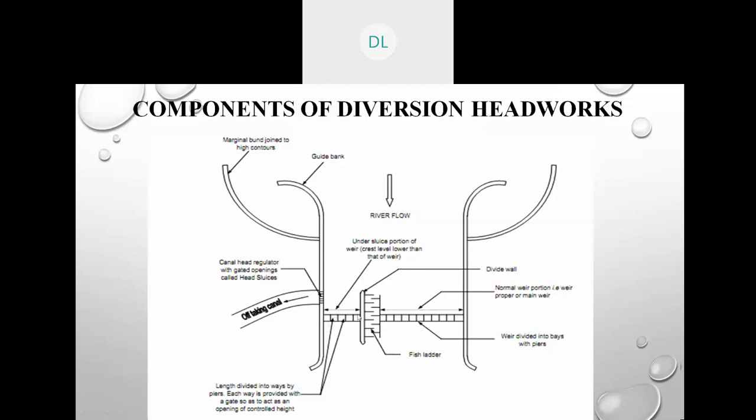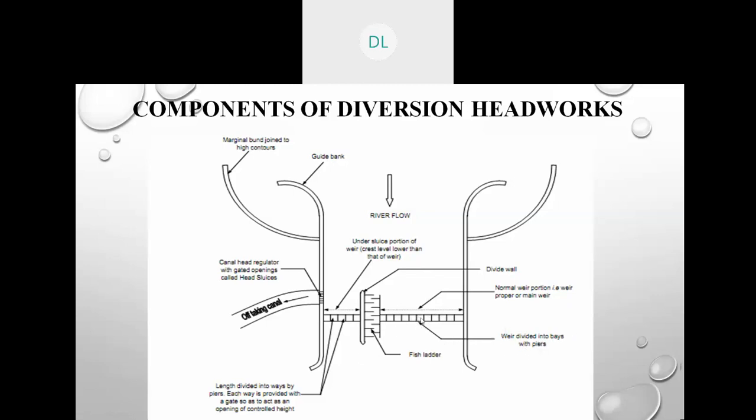Now look at the main structure of the diversion headwork, which we call the weir or barrage. At present, you understand that it could be either a weir or a barrage. Presently it is written as a weir divided into bays with piers.